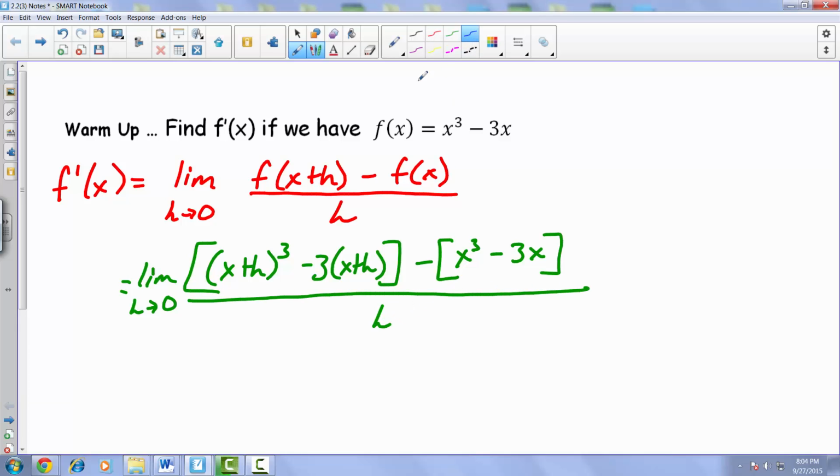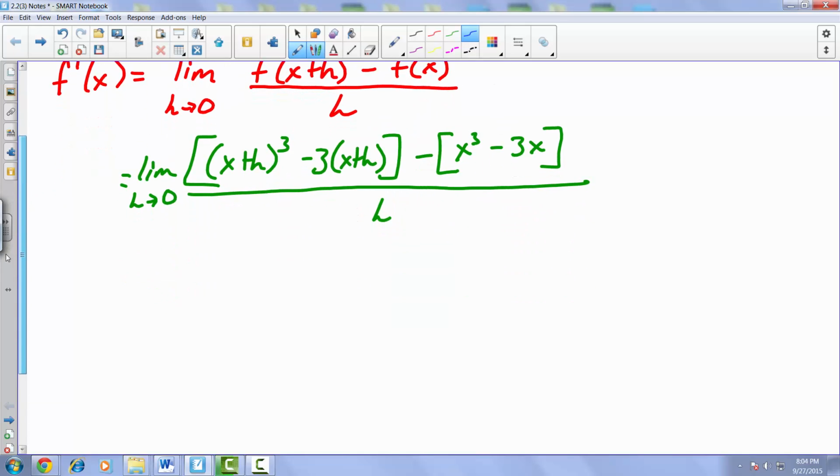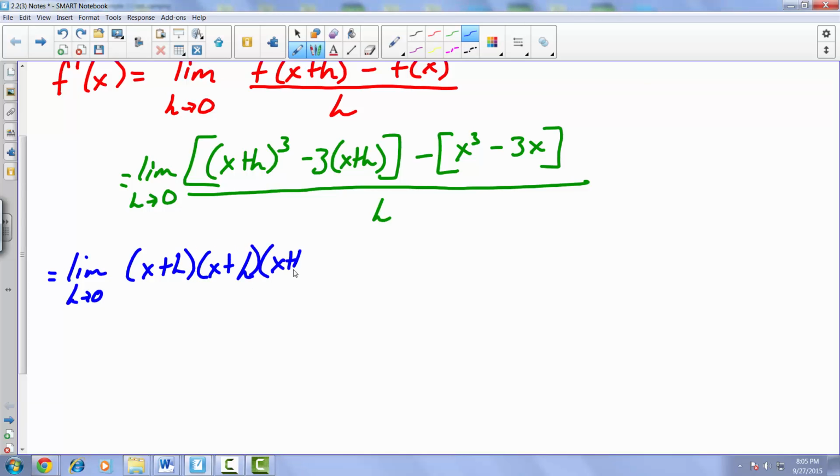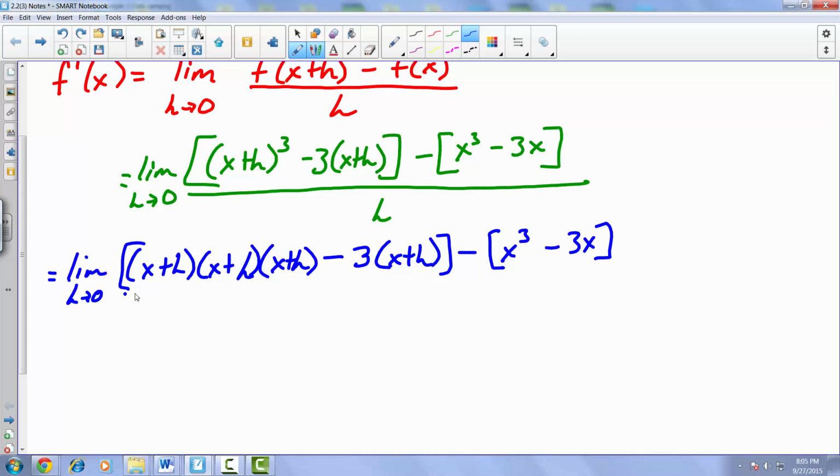From here, it's pretty much just algebra and simplifying. So we end up with the limit as h goes to 0 of x plus h times x plus h times x plus h, minus 3 times x plus h, minus x cubed minus 3x. And again, this is all over h.